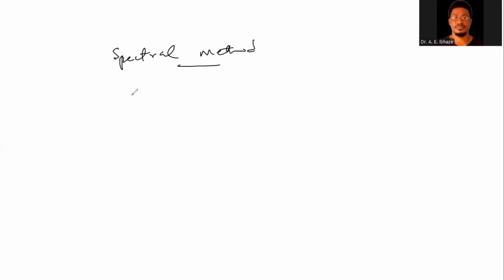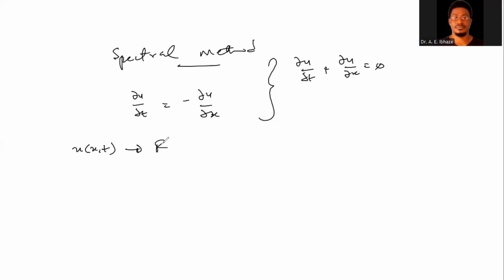So if we consider the partial differential equation du/dt being the same as negative du/dx, and this would be of the form du/dt plus du/dx being the same as 0, then by expanding u of x, t using Fourier series, we have u of x, t to be the same as sigma over k of u sub k hat of t e to the power i k x.